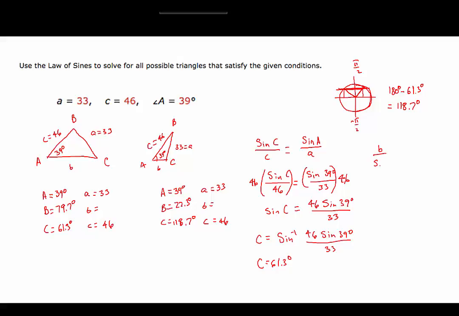B divided by the sine of 79.7 degrees is equal to A, 33, divided by the sine of A, 39 degrees. And so B then will be 33 times the sine of 79.7 degrees divided by the sine of 39 degrees.